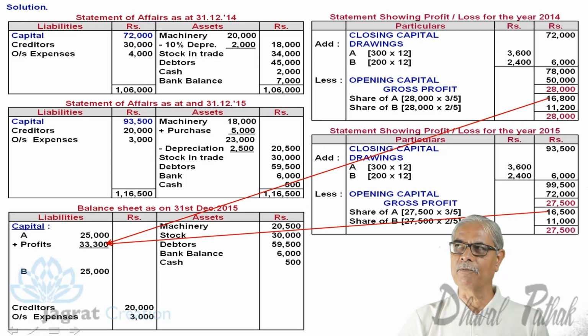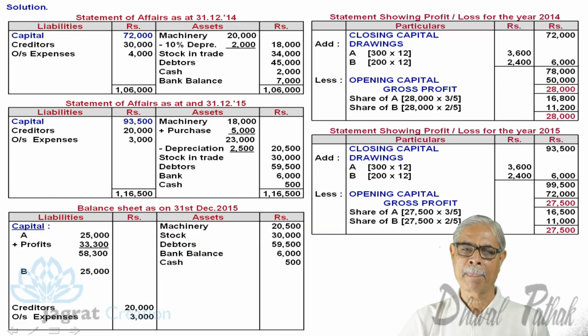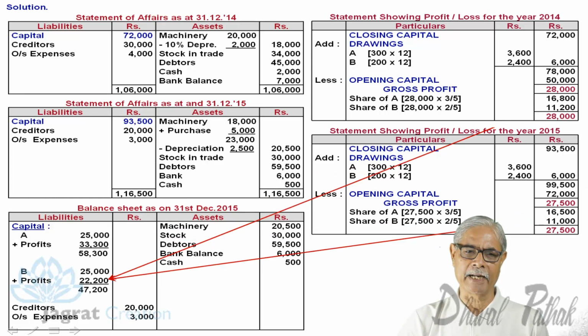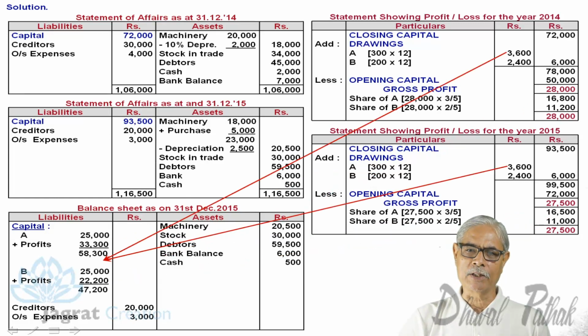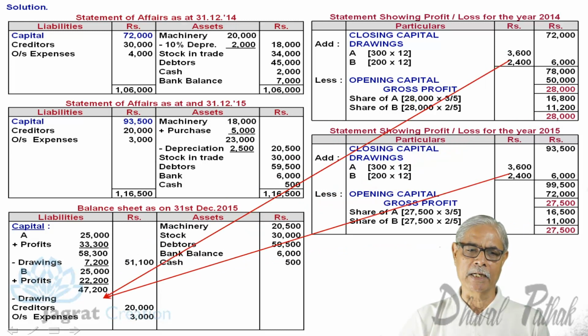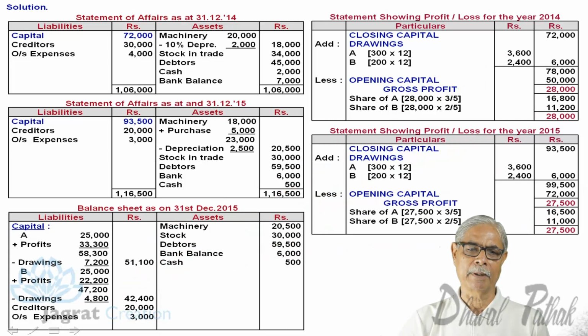Share of A in profit for the first year is 16,800 plus 16,500. Profit of A is added. Two years' profit of B is also added. Drawings of A are deducted for 2 years. Drawings of B are also deducted for 2 years. So I get the capital balance.